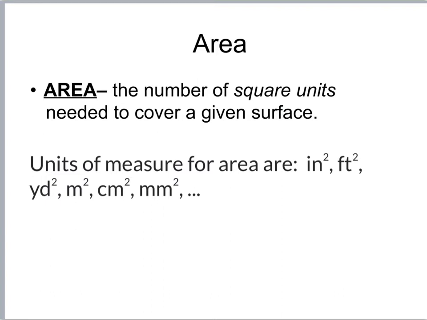So the square units are what size of square you are covering a rectangle or any other quadrilateral with, and the units of measure of area are going to be square inches, feet squared, yards squared, meters squared, miles squared, whatever unit of measure you can think of as a square.